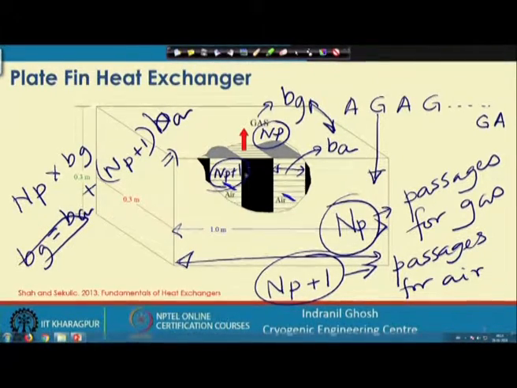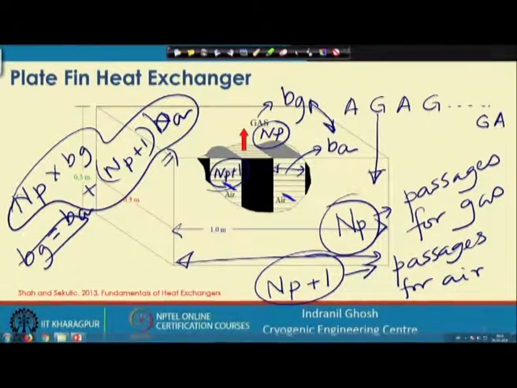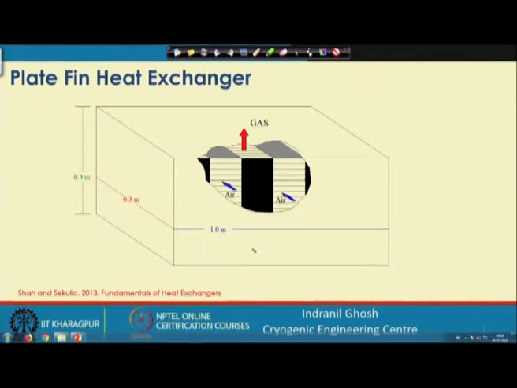There is something else: we have the thickness of the plates. So we have to add the plate thickness to this and then equate with 1 meter, and only then would we be able to find the number of passages Np. Now we have Np into B g plus Np plus 1 into B a plus the number of plates.